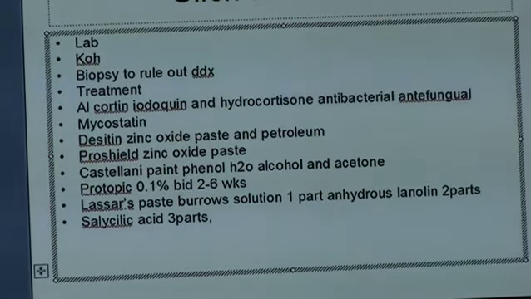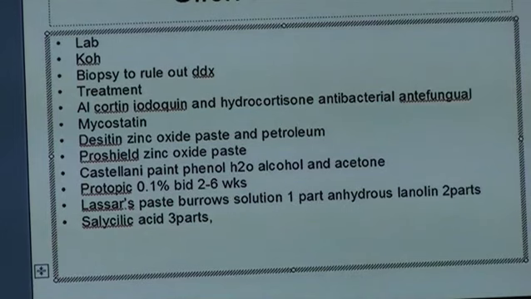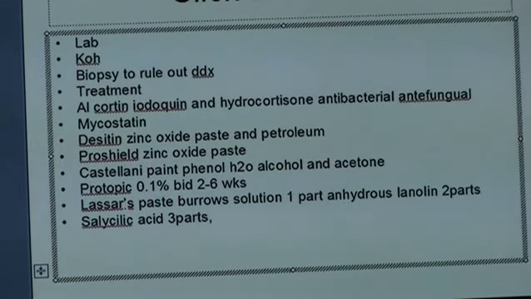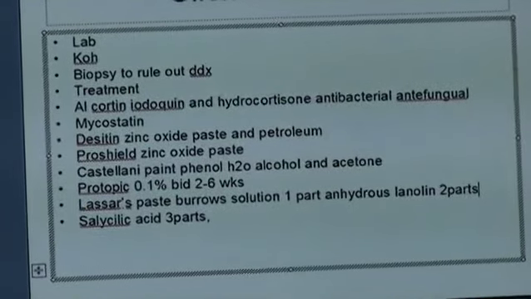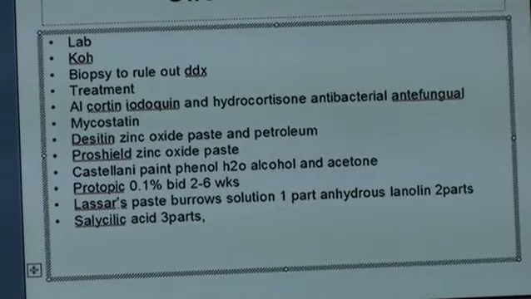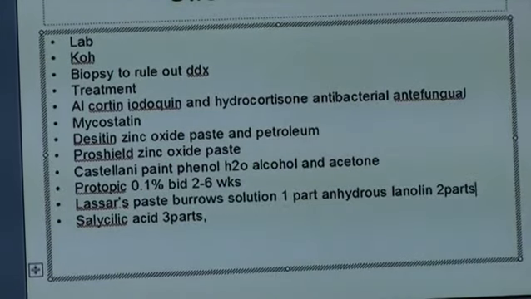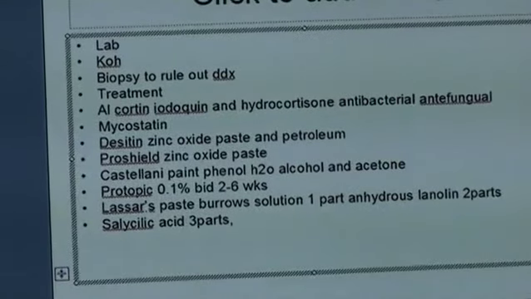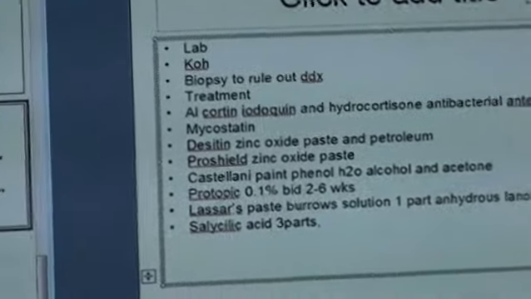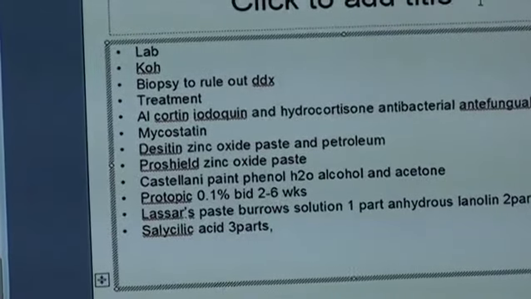So in someone who's not circumcised, there's a great chance of getting things like candidiasis, but you're not going to see it in a circumcised person. Then the other things that you commonly see on the penis are scabies, lichen planus, which usually involves the head of the penis, and psoriasis. There's the same thing as lichen sclerosus et atrophicus, which usually involves the head of the penis, but has a different name in a male.